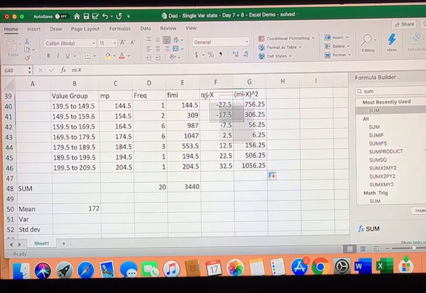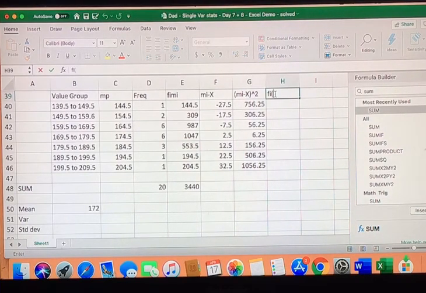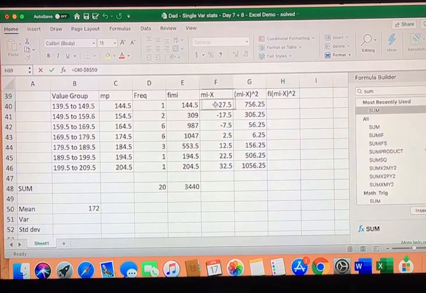So I've got deviation. I've got deviation squared. Now I'm going to have the frequency, Fi, times Mi minus, midpoint minus the mean, again, hat 2 or squared. So I'm building. I'm doing the deviation, which is inside the bracket. I'm doing the deviation squared, which is sort of this component here. And now I'm doing Fi times the deviation squared.